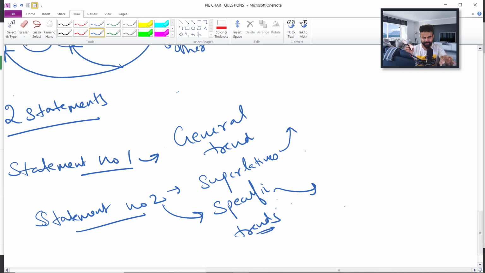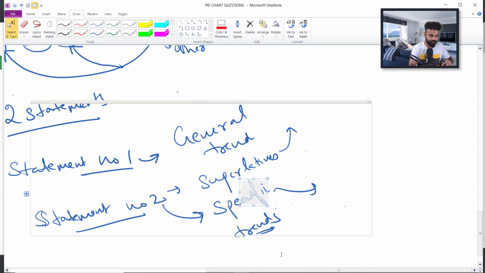Any specific dips, any peaks, or any fluctuations. Now in a pie chart, you have got the elements, right? So you have written down all the elements. You have to see which elements have got the maximum increase or decrease when you compare them with other attributes.